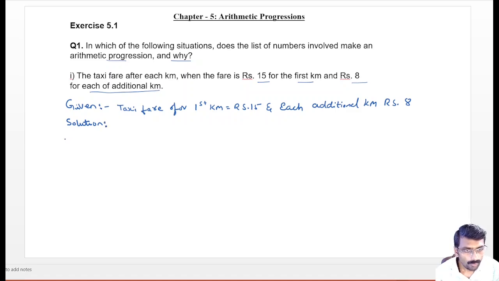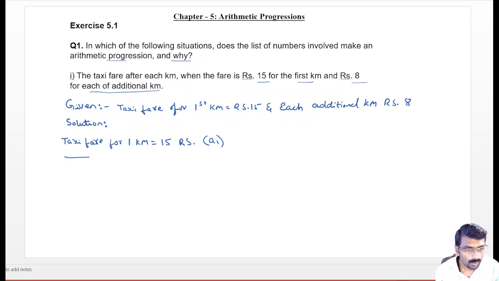To prove this we have the solution. We know the taxi fare, so we take the taxi fare for 1 kilometer. The first kilometer would be 15 rupees. That is our A1, the first term.